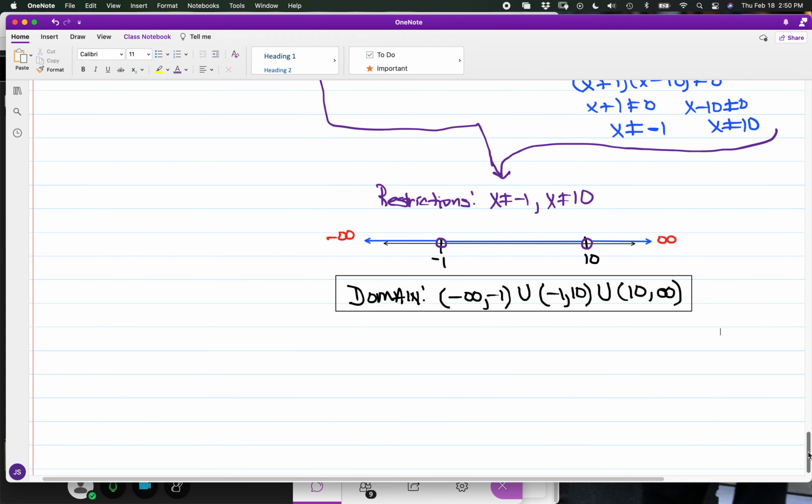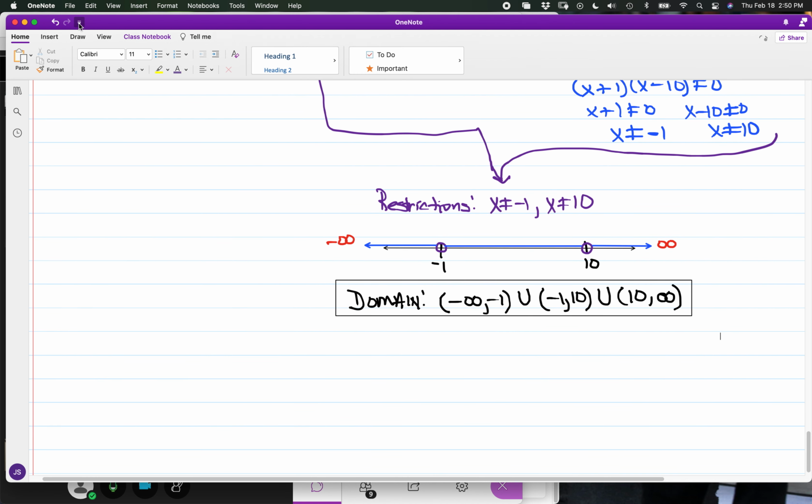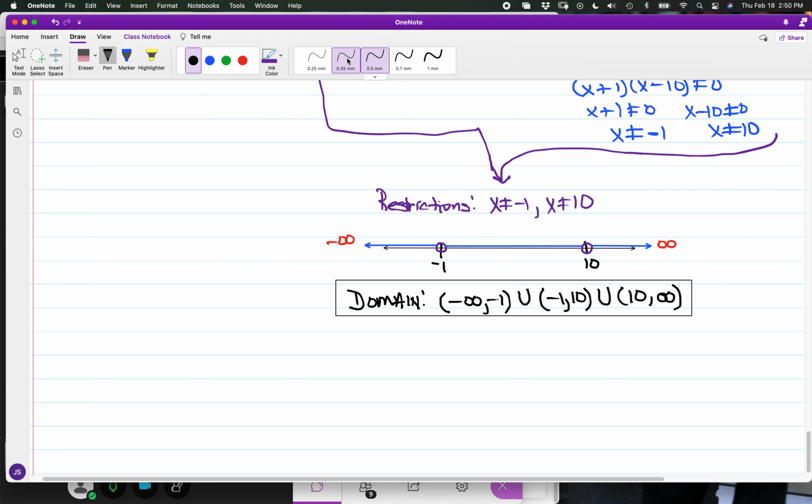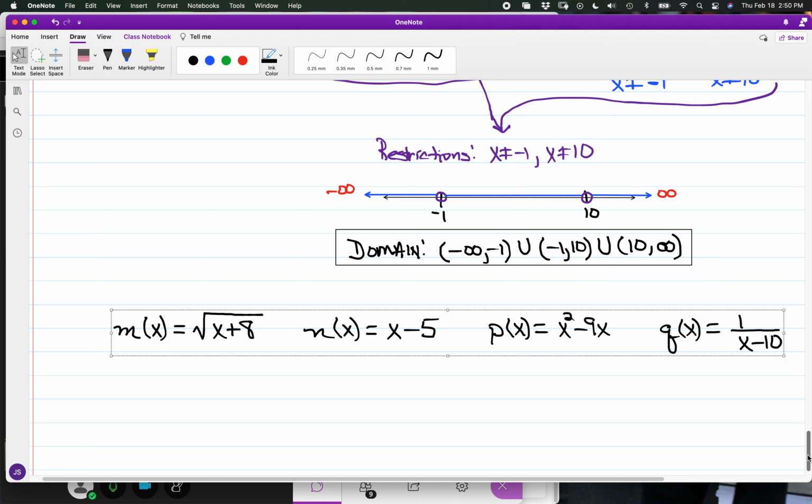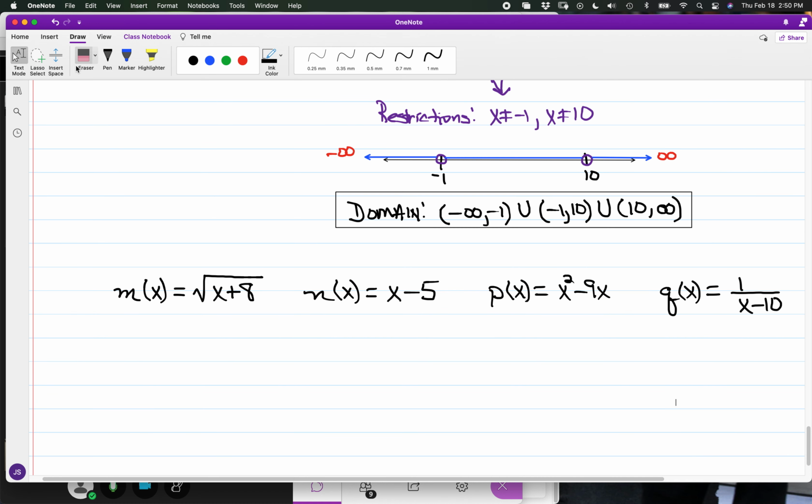All right, now in the case of 76, we're looking at just one function involved.